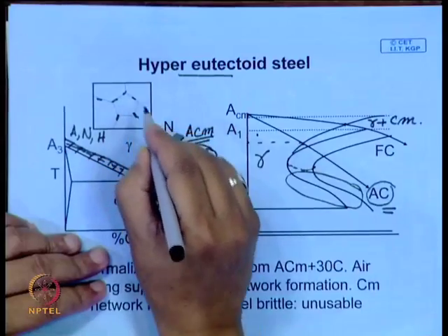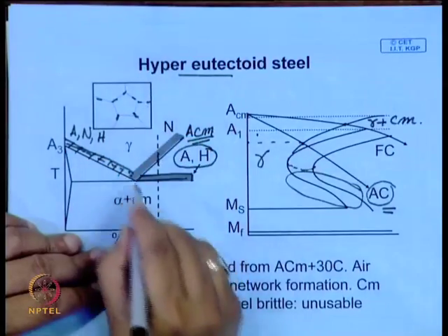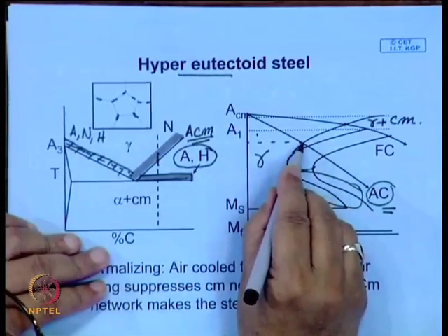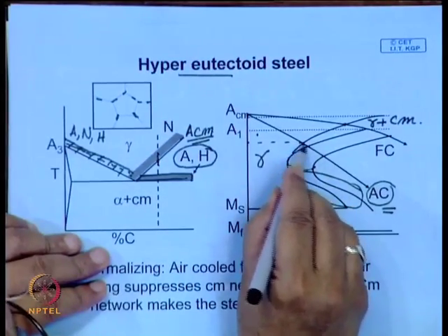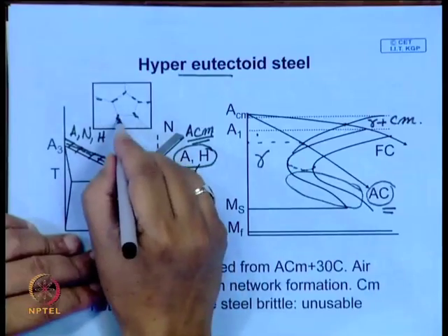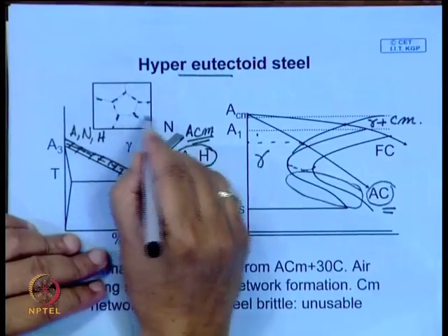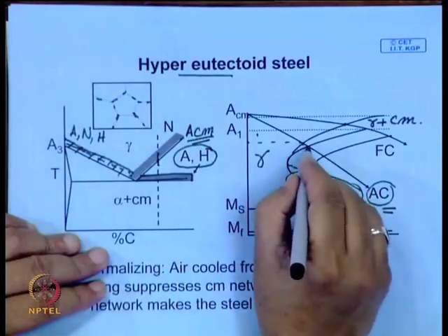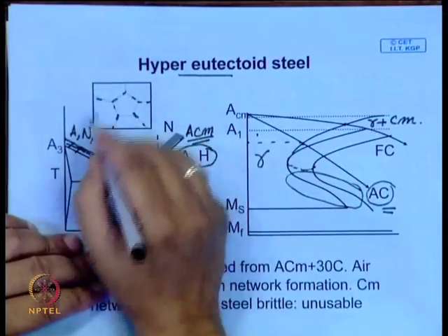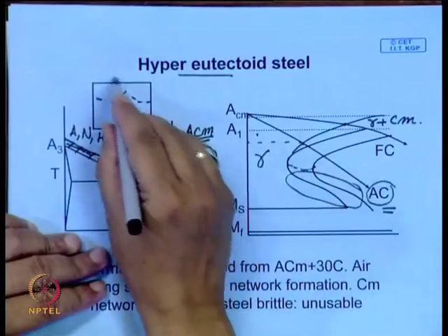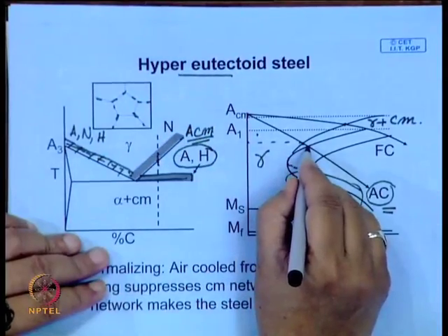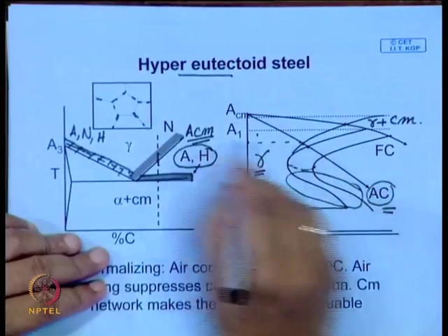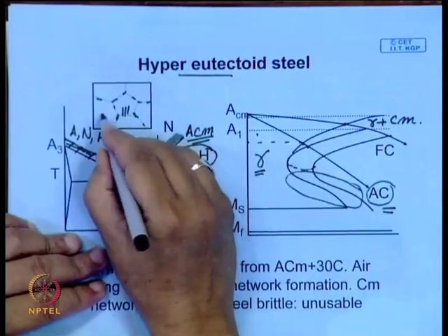Initially they will form at the grain boundary, and usually the amount of cementite that will precipitate out may not be enough, because the cooling rate is higher. So, this may not be able to form a full network, and much before the network can develop, the decomposition of austenite to pearlite begins, and you will have a pearlitic structure here.